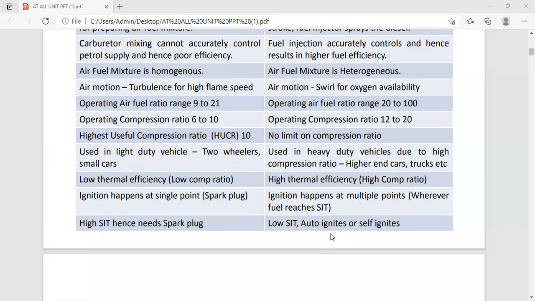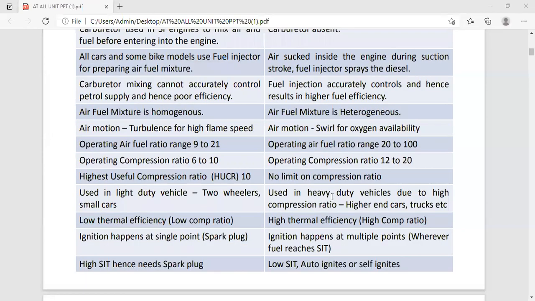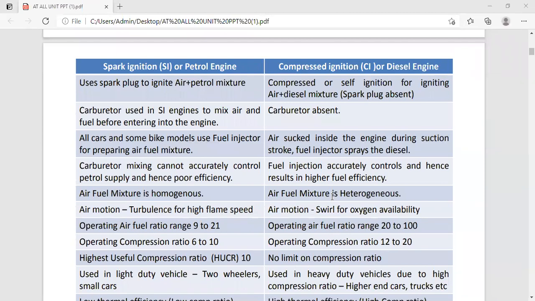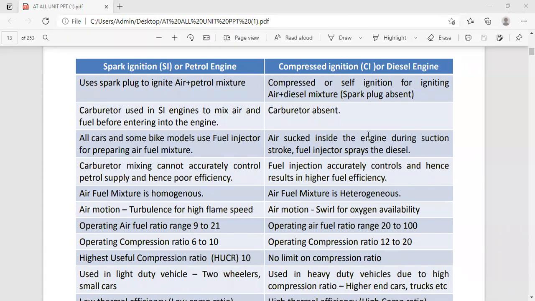But in case of the diesel engine, it auto ignites and self ignites. So these are the points we have discussed while differentiating between the SI engine and the CI engine. Suppose the differentiation asks for 6 marks, you have to write all these points. Okay. So have you any difficulty regarding this?